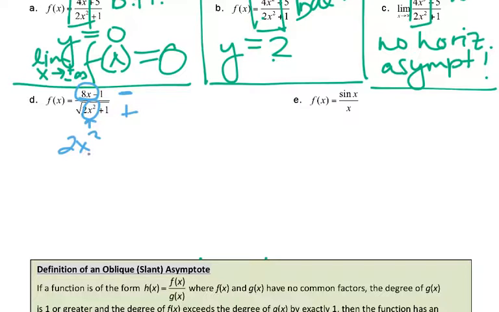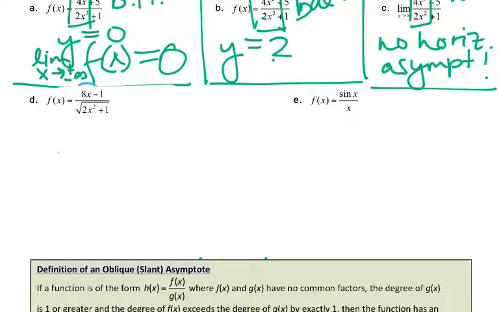But if your x value was positive, your 8x would be positive and 2x squared would be positive. So we actually have to consider two different scenarios here when we think about horizontal asymptotes. There's going to be one asymptote for x values that are negative, so as we head to negative infinity for x, and then a scenario where x is positive as x goes to positive infinity.